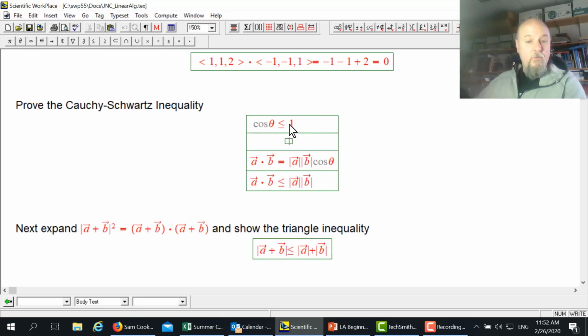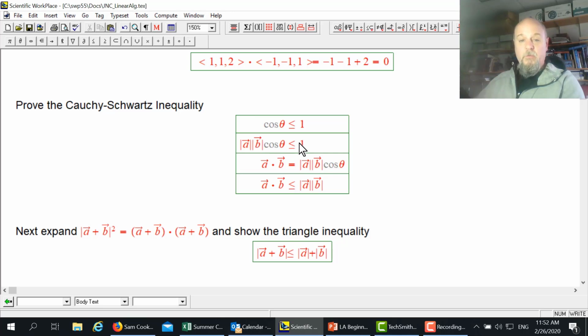Now I'm taking both sides of this inequality and multiplying both sides by magnitude of A, magnitude of B. So this is true. I'm multiplying by a positive number, so I don't have to think about flipping the inequality.